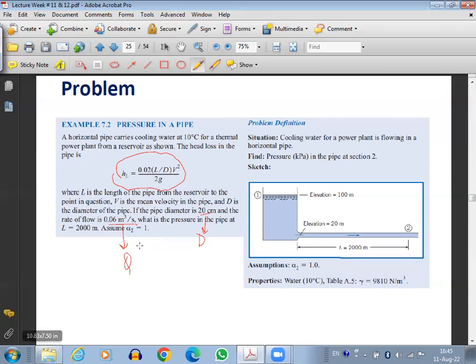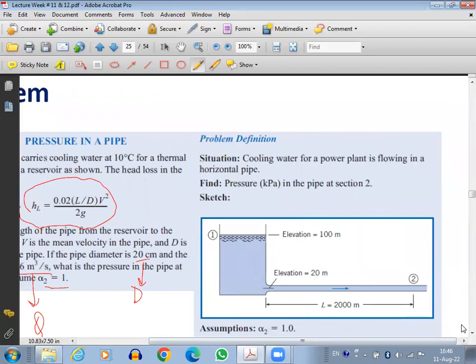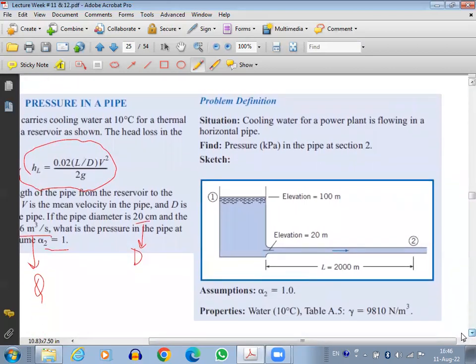What is the pressure in the pipe at L equals 2000? Length is given as 2000. Assume alpha 2 equals 1. So this is the situation we have. We have a container here, which is open to atmosphere, and the elevation of the water in the container is about 100 meter.